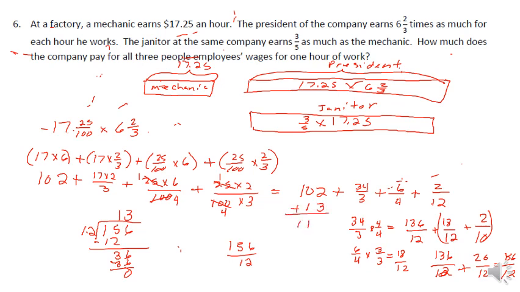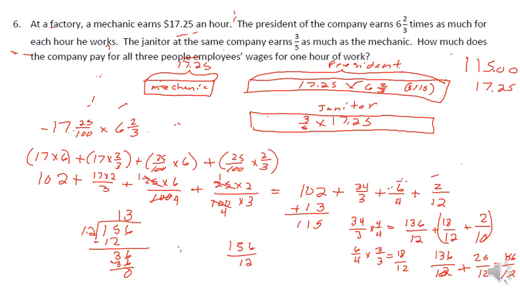And we got 115. So the president gets $115 an hour. Now, on the last one, so let's go. We put 115 here. We got 1725, and I like putting the decimals together.